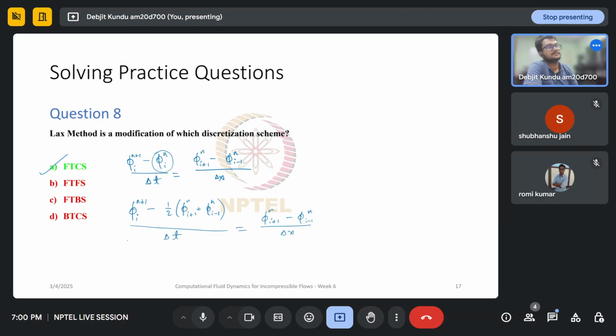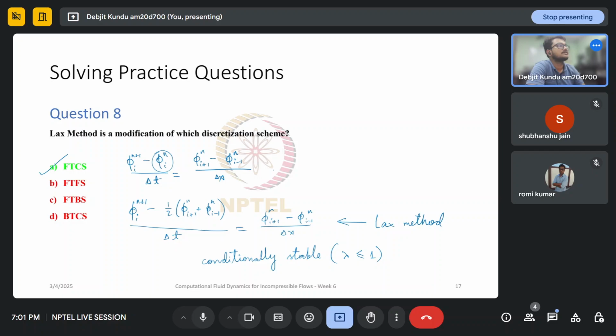In that case, this modified FTCS scheme is what is known as the lax method. This becomes conditionally stable, subject to the Courant number being less than or equal to 1. Whereas this equation, FTCS, was unconditionally unstable.